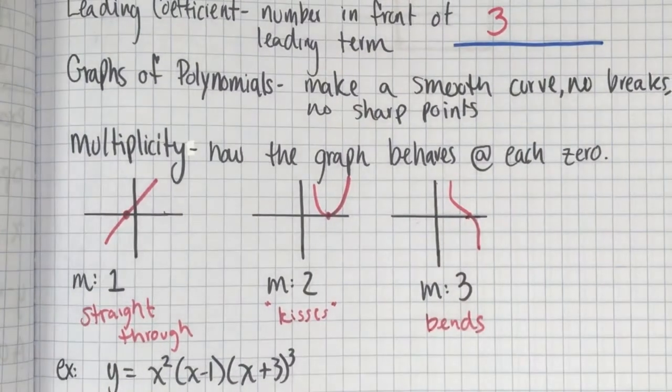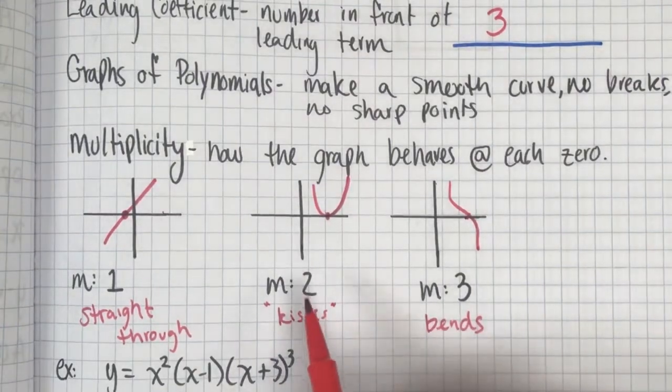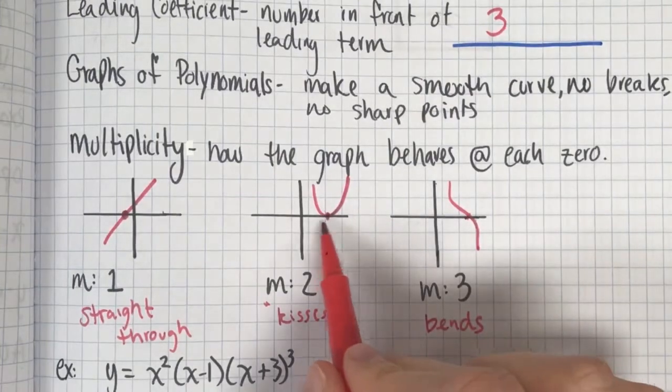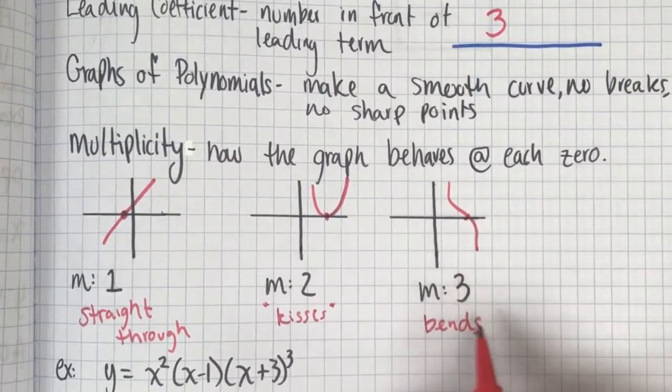And then for everything else, it's either going to behave like 2 or 3 multiplicity. If it would be a 4 multiplicity, it'd look like a 2, it'd just be a little wider. If it was 6, same thing, just a little bit wider. Odd will act like 3.